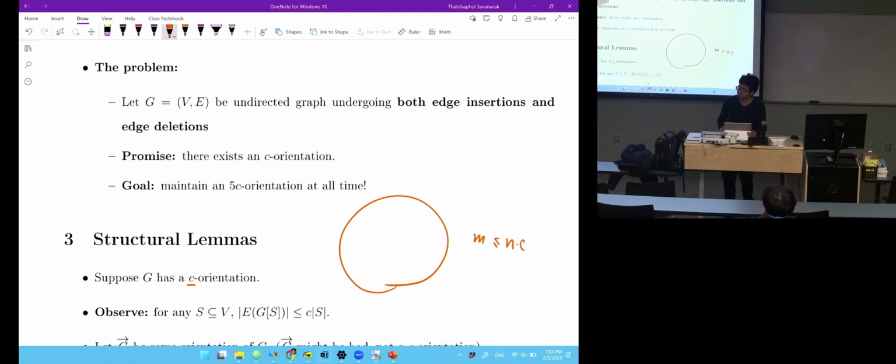The reason is simple, because the orientation is such that each node has at most C out degree. Every edge is an out edge of some node, but each node can have at most C out neighbors. So the number of edges in total must be at most Cn.